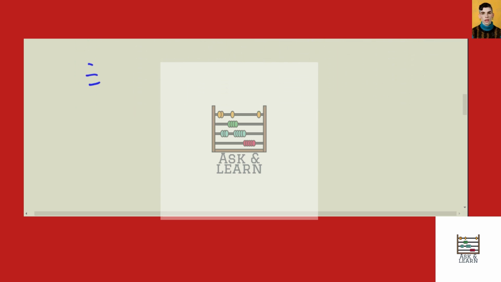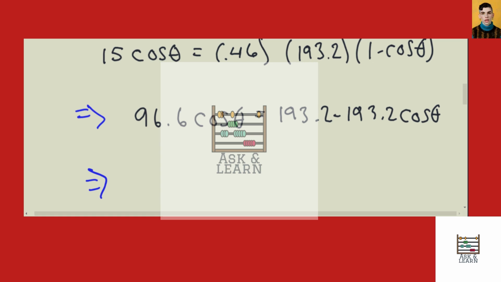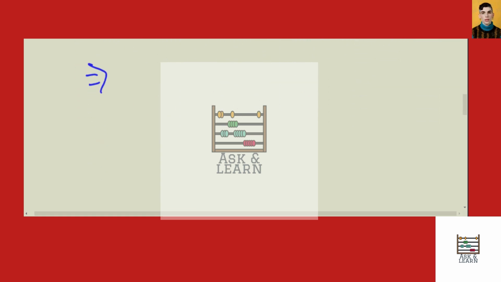And we just keep going with this. So now, moving the 193.2 cosine theta term to the left, we have 289.9 cosine theta is equal to 193.2.